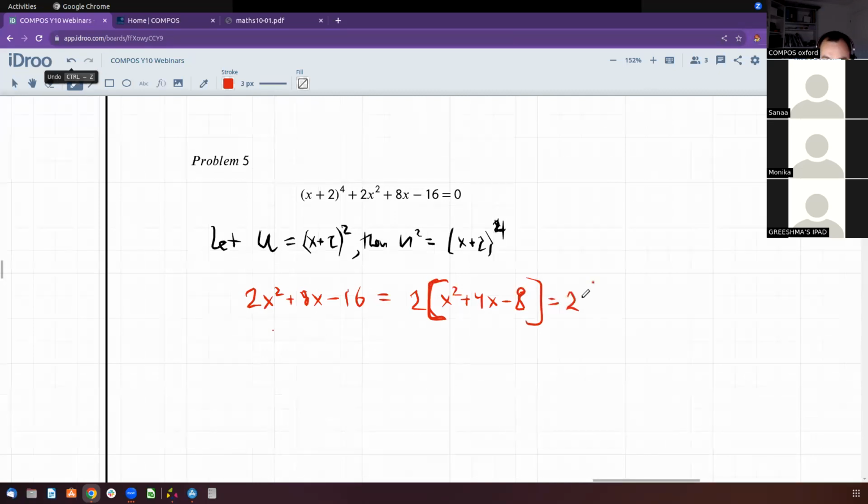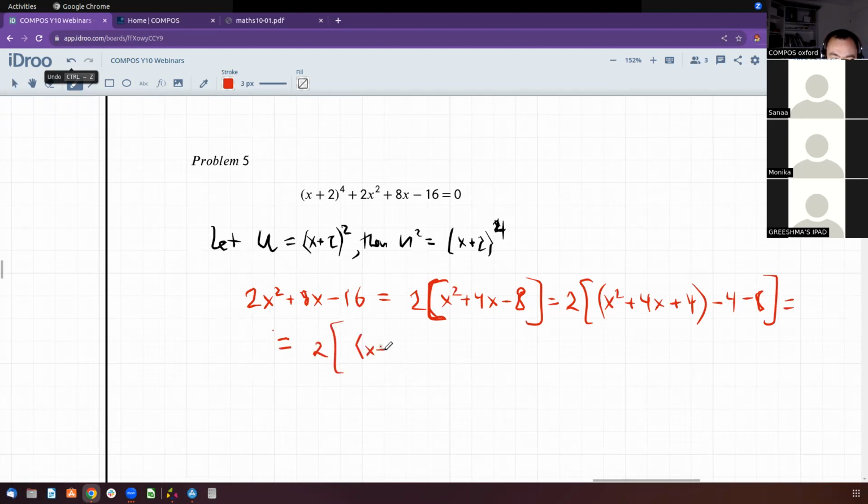And that is 2, x squared plus 4x plus, so what we need, we are missing another 4, then minus 4 minus 8. So that is 2, open bracket, x plus 2 squared minus 12, equals 2, open bracket, x plus 2 squared minus 24.